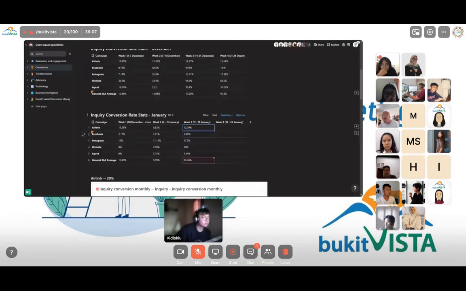Yep. Okay. And the OTAs besides Airbnb also show some improvement, like websites and Instagram, but Facebook slightly decreased. And agents has a very significant decrease, but it's also about the supply, if I can confirm with Irma.